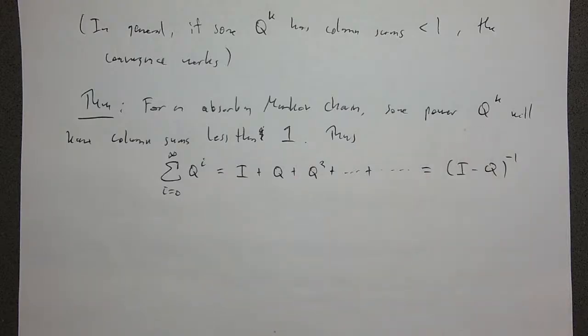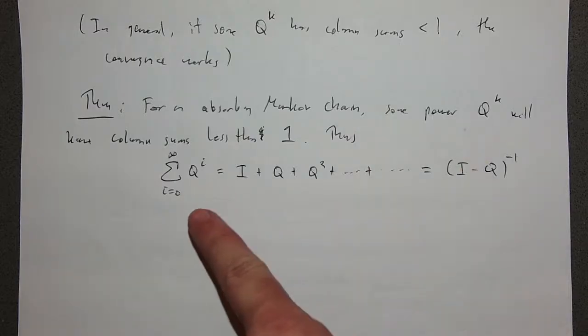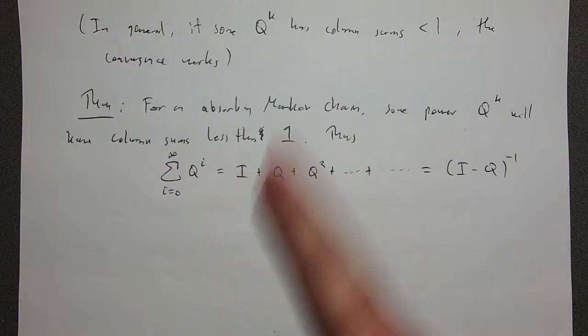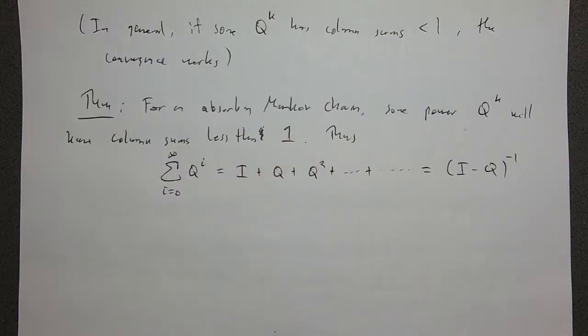Since this sum converges, individually its terms must go to 0. This is called the nth term test, right? If you remember that from series. So this series converges. Its terms must go to 0.